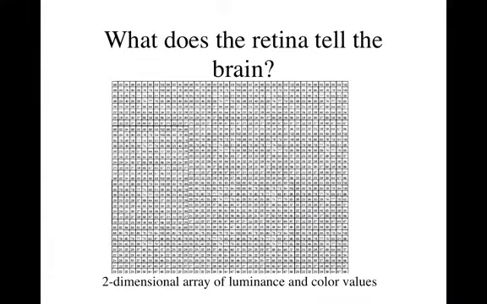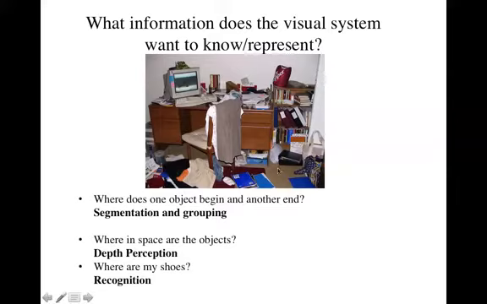So what does the retina tell the brain? Well, it's got all these rods and cones. It's got about 100 million per eye. And what they ultimately deliver to the brain is a matrix of numbers, measurements of how much light of what wavelength is hitting the eye in different locations in the back of the eye. So you start off with that, but of course what you really want is something like this.